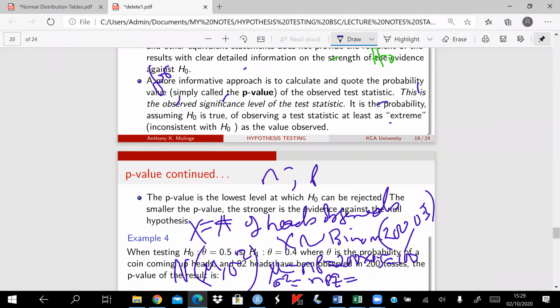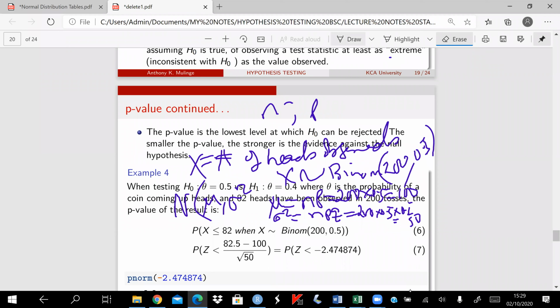So if you want to approximate it using the normal distribution, which is a continuous distribution, we have to make some adjustment on the value of x using what we call the continuity correction factor. So that's why you see now we are not using, okay, this is the initial problem.